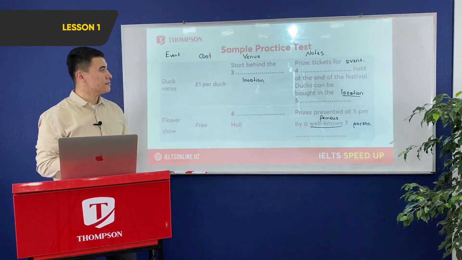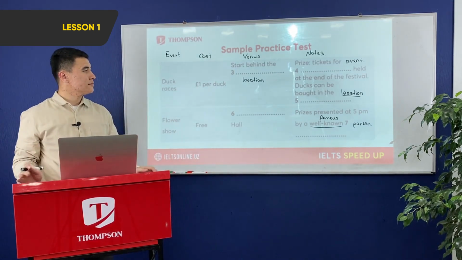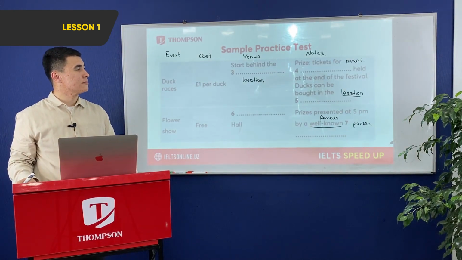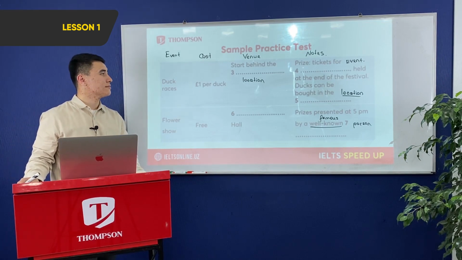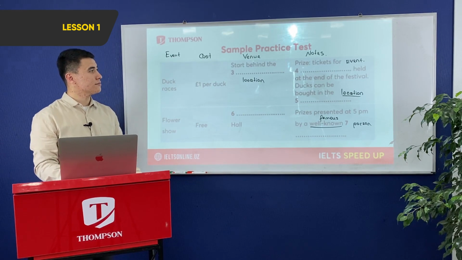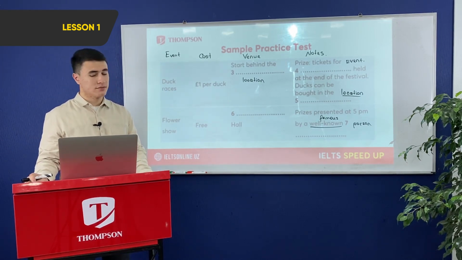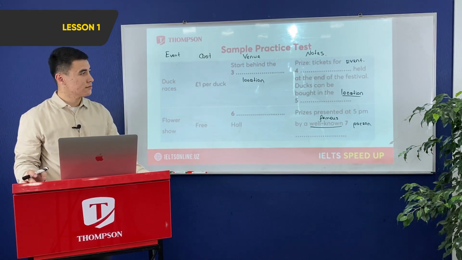She usually plays with symphony orchestras, and apparently this is her first time with a jazz band. Well, I'd certainly like to hear her. Then the next thing I want to ask about is the duck races. I saw a poster beside a river. What are they exactly? Well, you buy a yellow plastic duck, or as many as you like. They're £1 each.